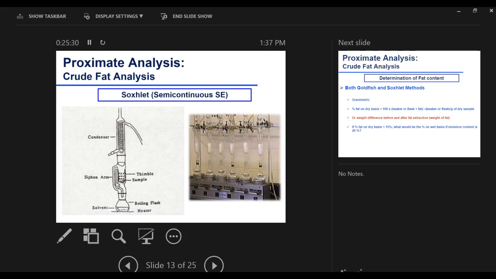We put in the sample, and guess what happened? Instead of going up and condensing down into the thimble, it started coming out from the other end. Then all the solvent started coming out from the top onto where? The hot plate. So like, oh my gosh, it's happening again.